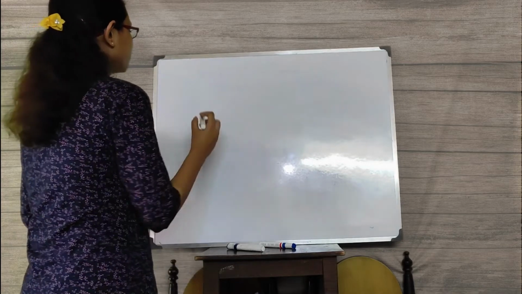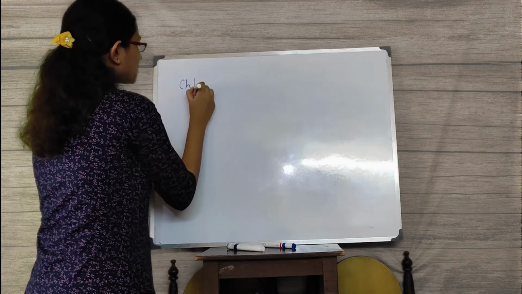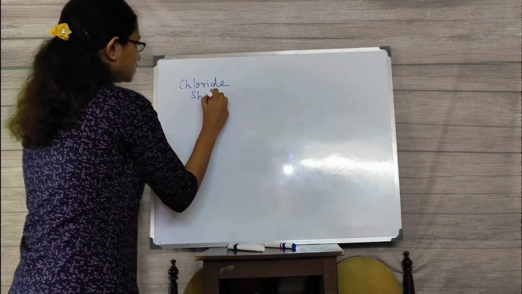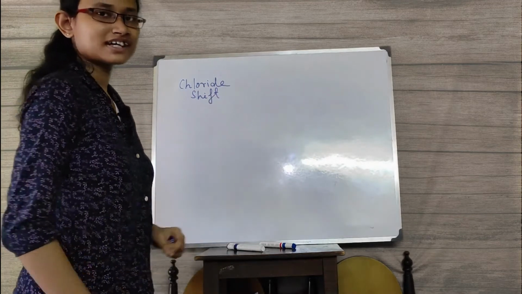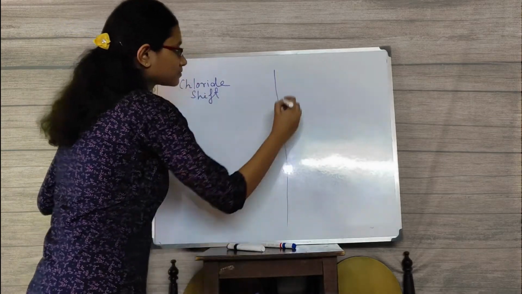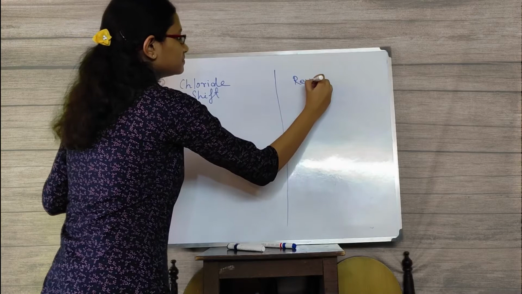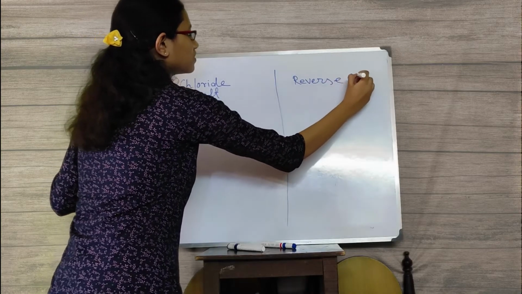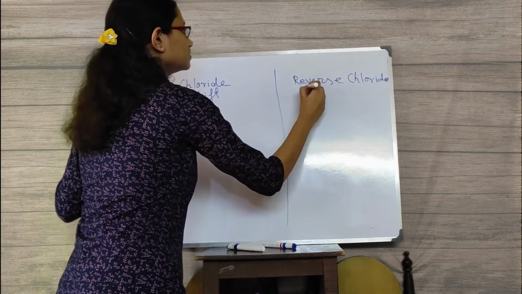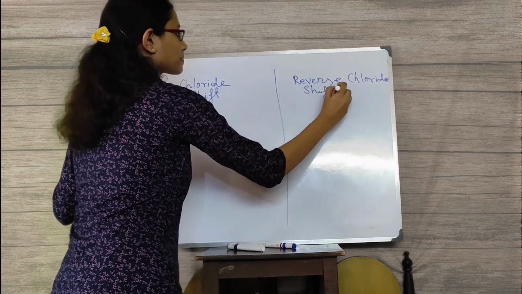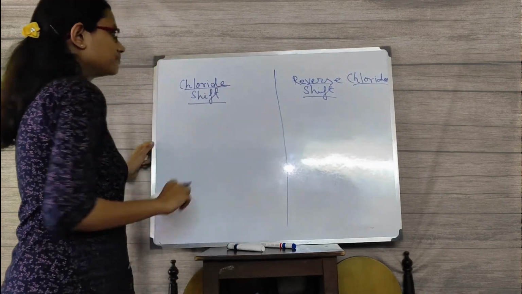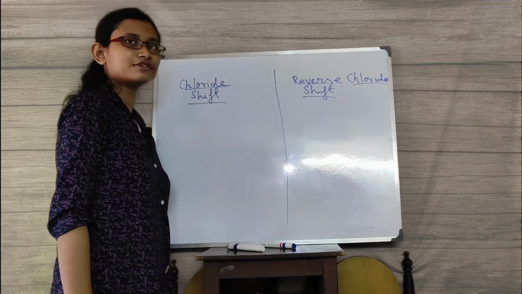Number one is the chloride shift, also known as Hamburger's phenomenon, and the second one is the reverse chloride shift, also known as the Haldane effect.